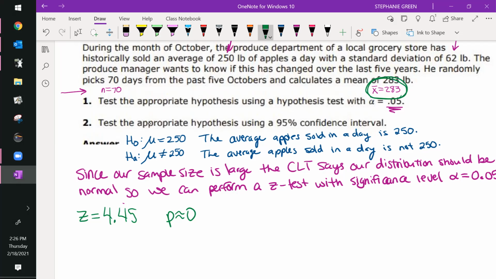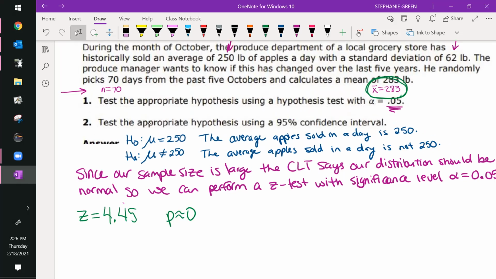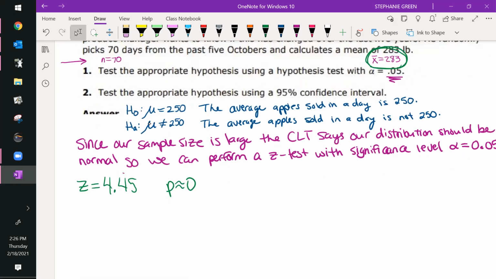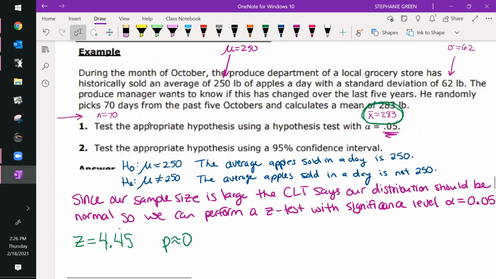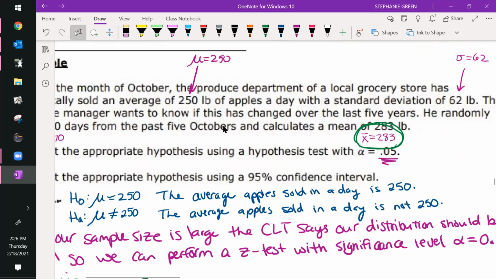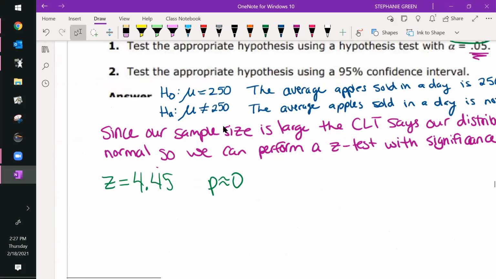It's probably like 0.0000000 something, and the calculator rounded that to 0. So why is it 0? Is this really impossible? Our z-score is 4.45. That's 4.5 standard deviations away from our mean. So we're saying this is highly improbable, so we definitely have enough evidence to reject our null hypothesis here.